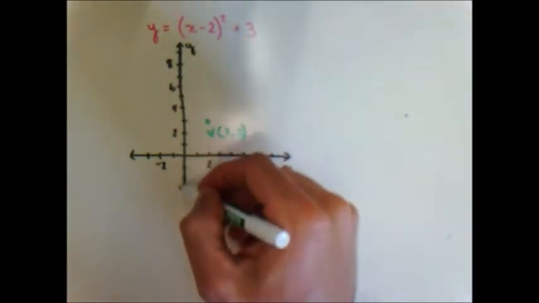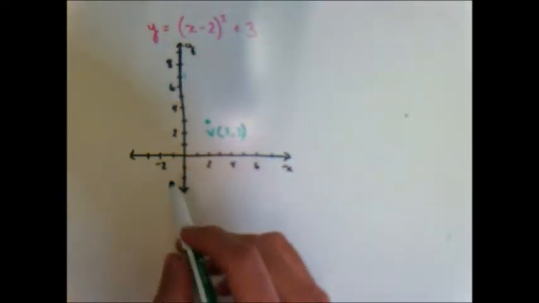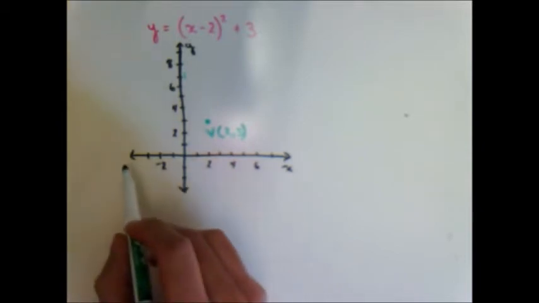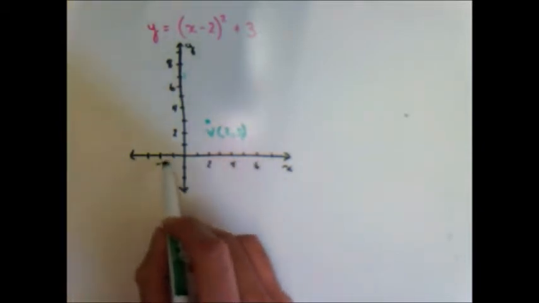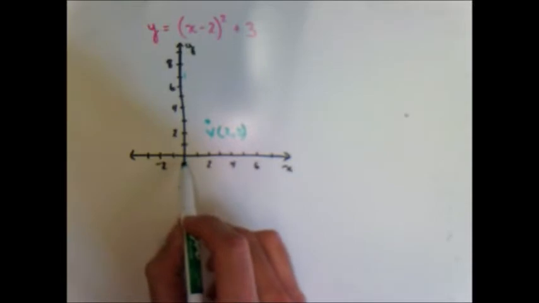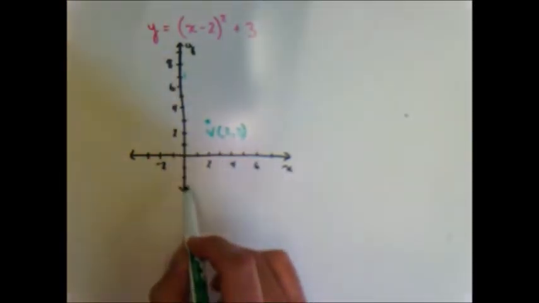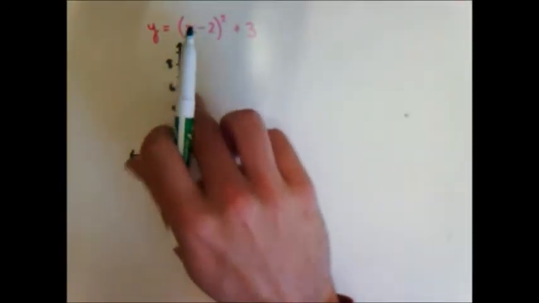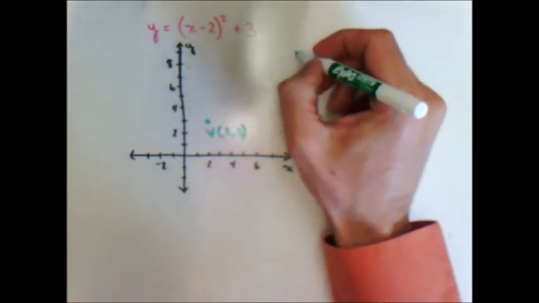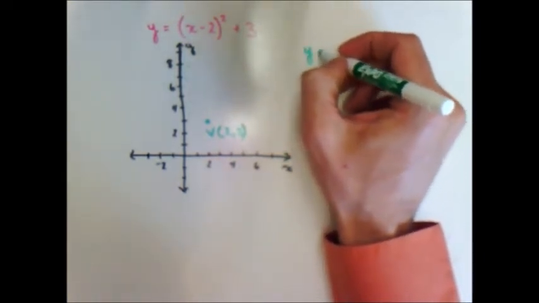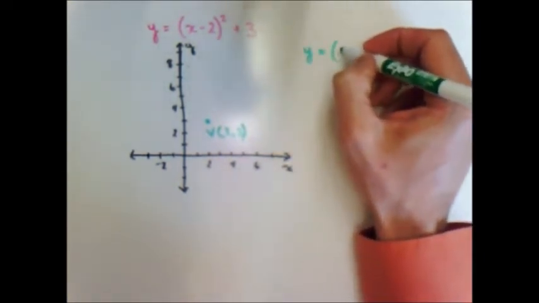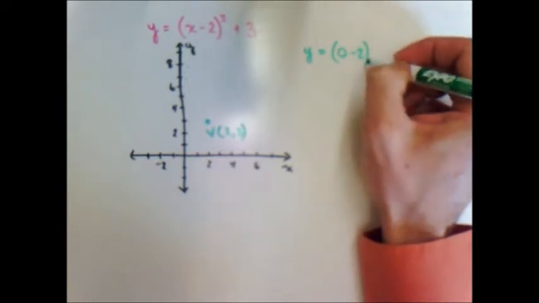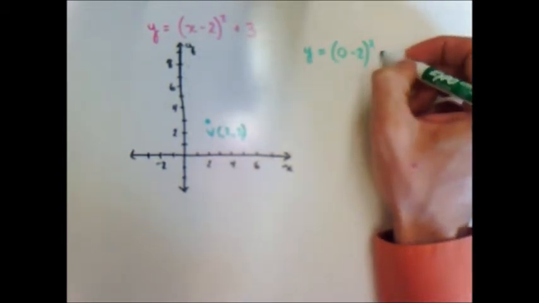The y-intercept happens wherever x equals 0. So let's find out what value of y we'll be at when x equals 0. I can just sub in 0 for x.